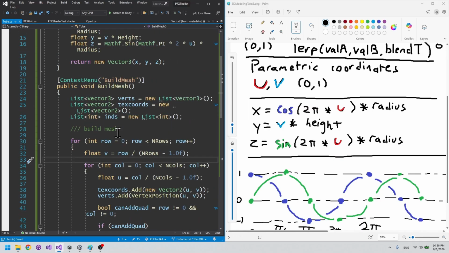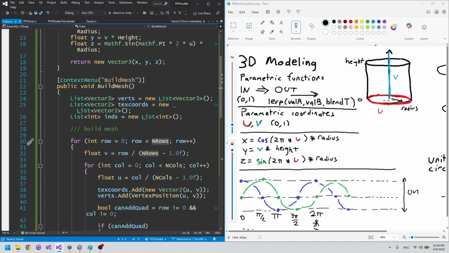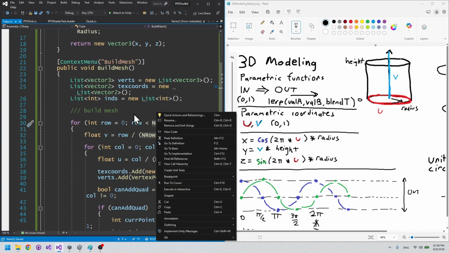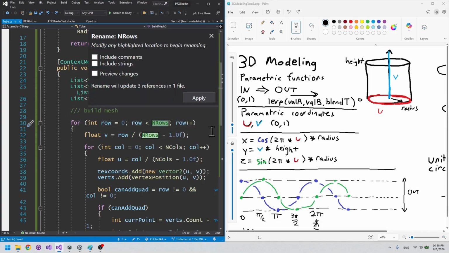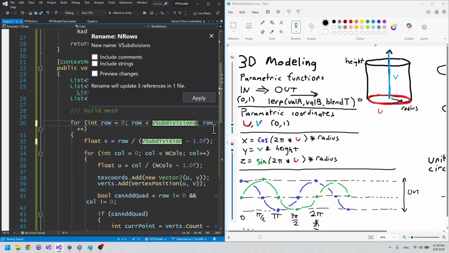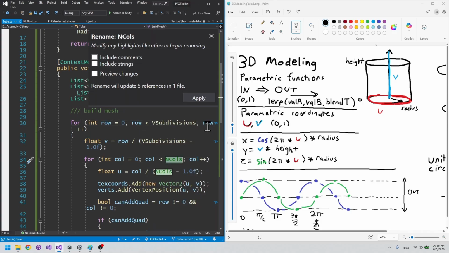Now, I think we could come in here and say, well, we don't really have rows, right? We want to have subdivisions of our v parameter instead of rows. That's more grid specific. And then same with columns, right? That's more like we're subdividing along our u parameter. So I don't know if that's more or less clear, but I think it's more accurate to say this is going to be our v subdivisions, and this will be our u subdivisions.